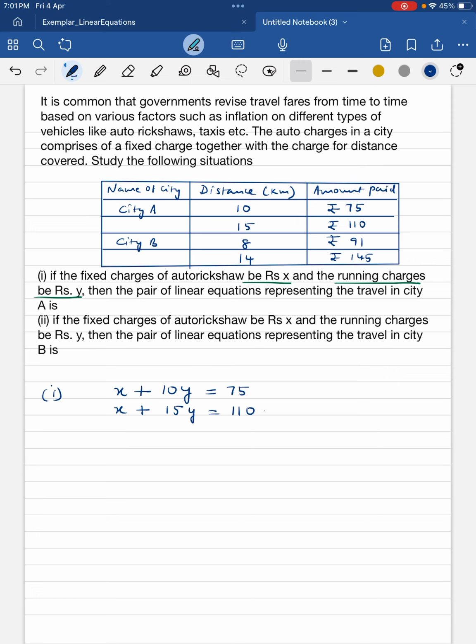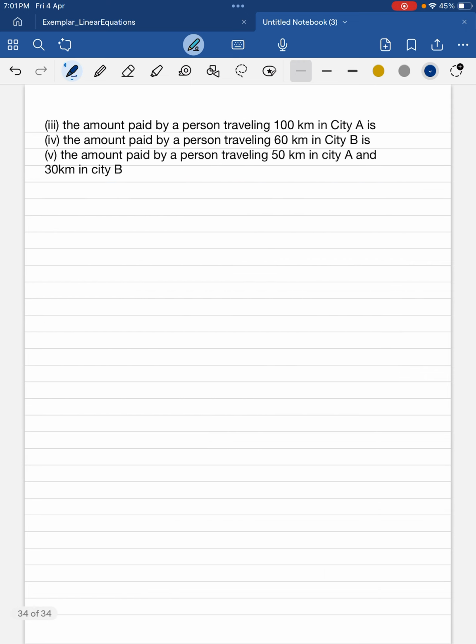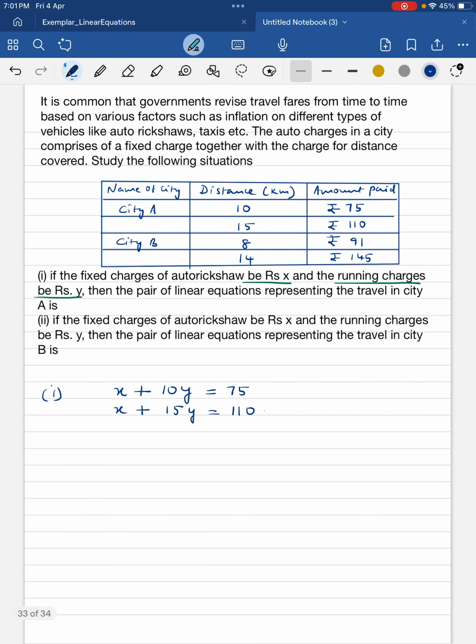Now let me just solve this because they have asked for the amount paid by a person traveling 100 kilometers in city A as my third question. So we would need to solve these equations. Let me solve it and keep it ready for the third part. Let me use the elimination method. I'm subtracting both equations.